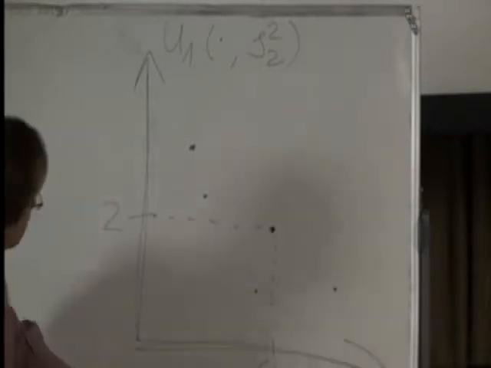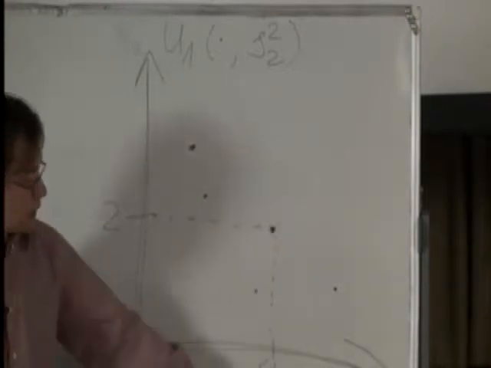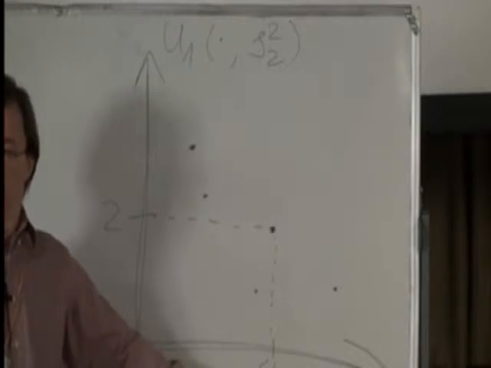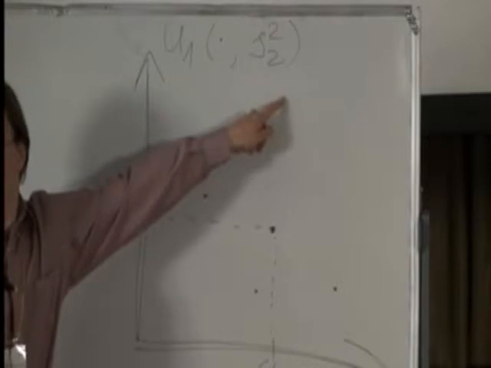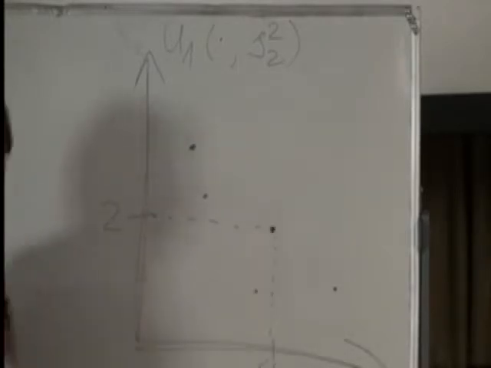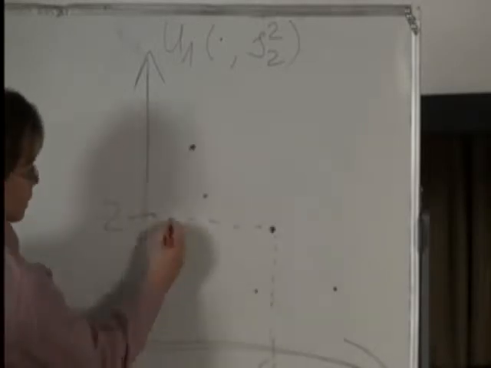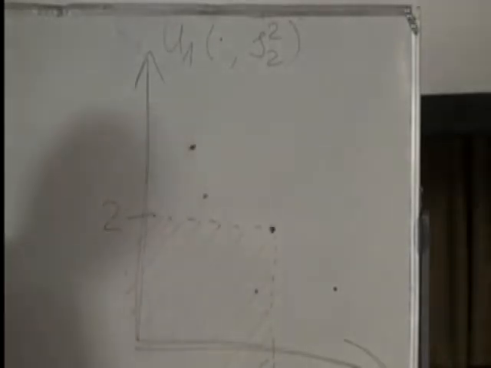For example, if I look at this strategy, it gives me a higher payoff if I use it against strategy 1, and this strategy gives me a higher payoff if I use it against strategy 2. So if I compare this strategy and this strategy, this one is better. What strategies are better than this strategy? It is everything inside this hull of this strategy.